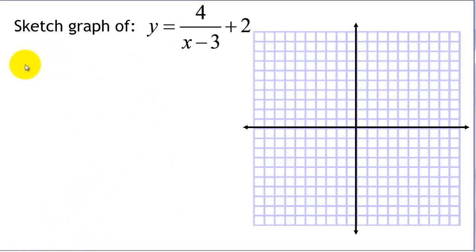So again, to find our vertical asymptote, I'm going to abbreviate that with VA. We're going to set the denominator equal to 0, so we get x equals 3.